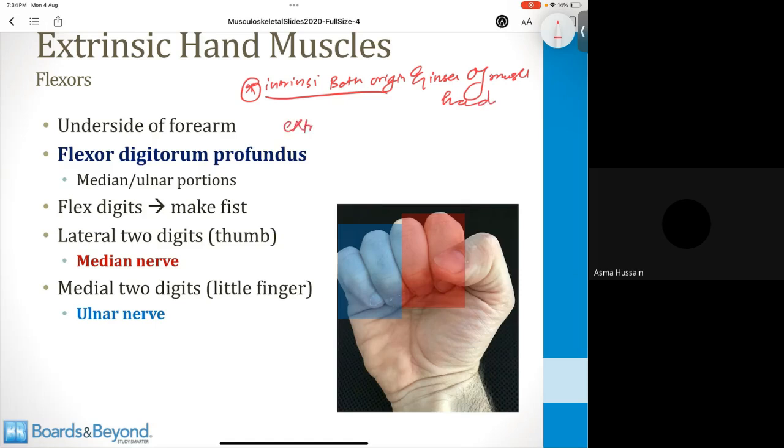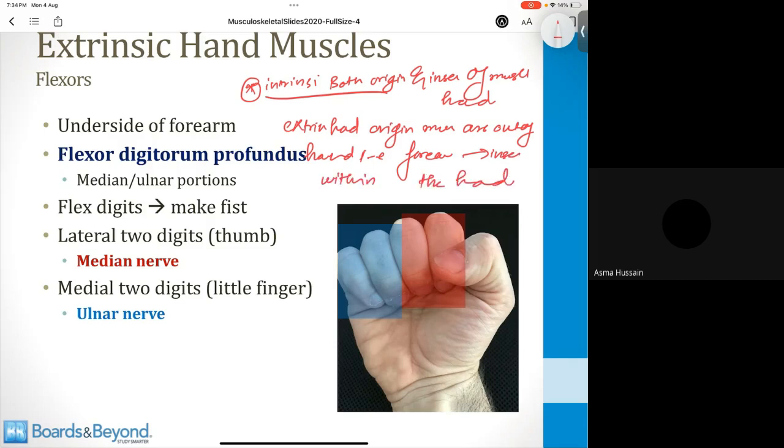And the extrinsic muscle of the hand, origin of the muscles is out of the hand, that is in your forearm, and insertion within the hand. Am I right? Is it clear? Yes, sir. Okay, perfect.